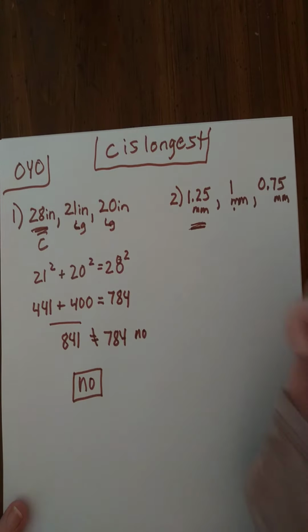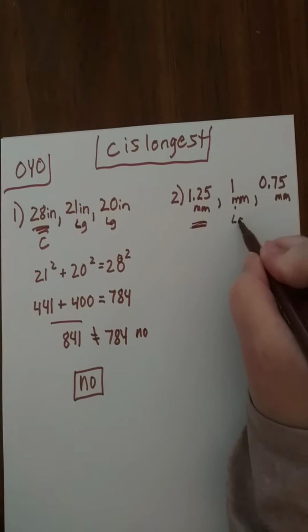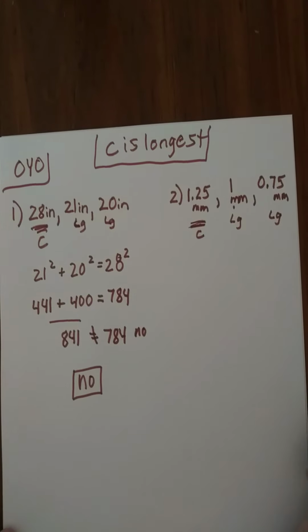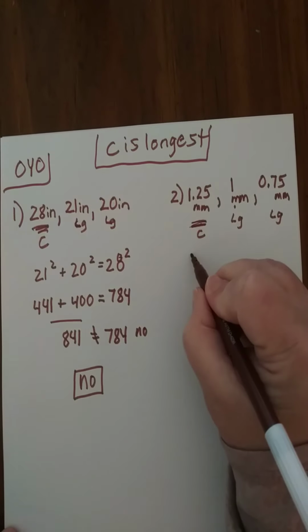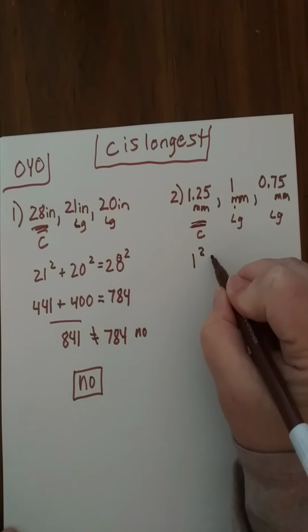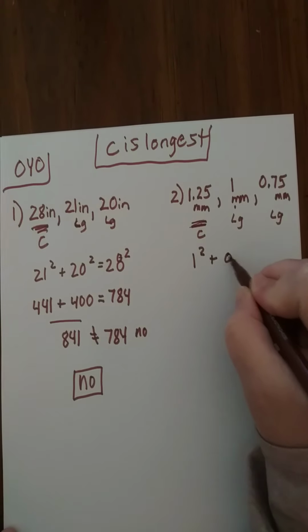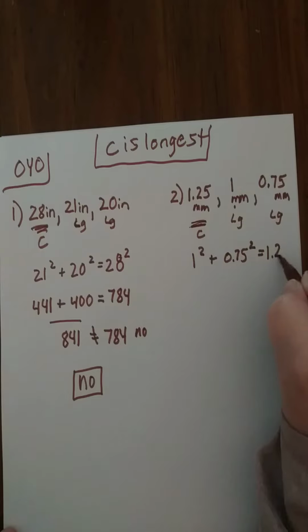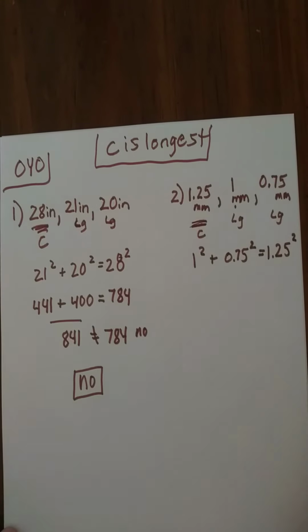Okay, number 2, this was a leg, this is a leg, so this one has to be the hypotenuse. It's the longest. Remember, that's what you have to identify before you set it up. So let's do 1 squared plus 0.75 squared equals 1.25 squared.